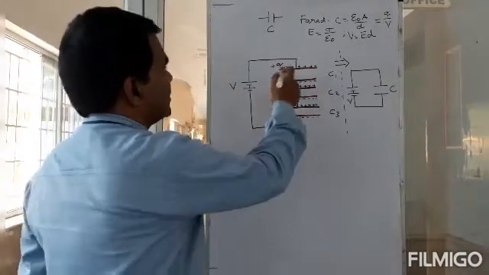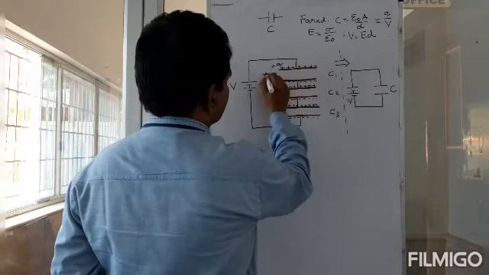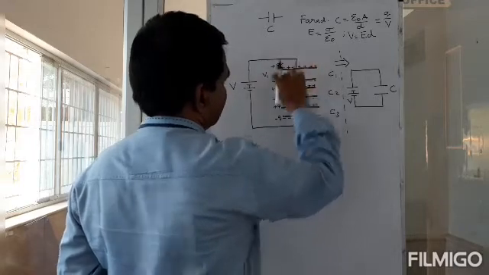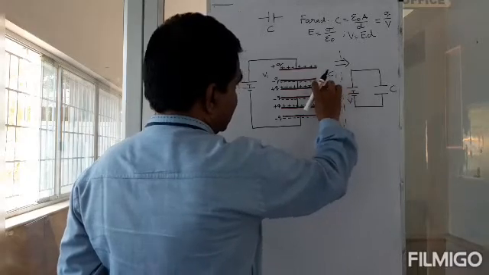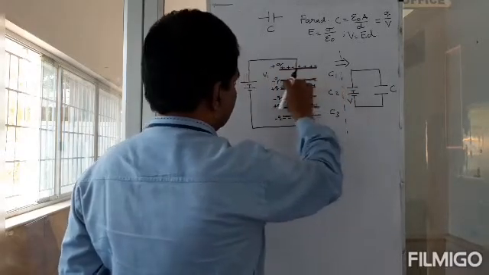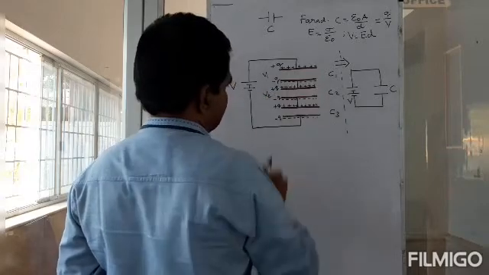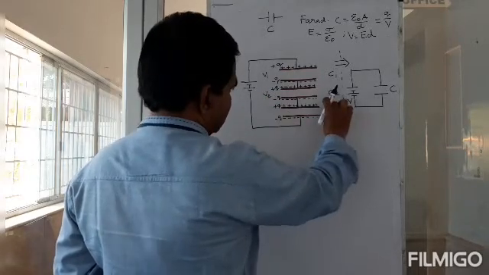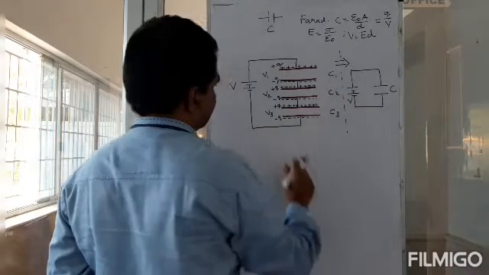Okay, so this plus Q and this C1 will give rise to V1 here, right? Potential across this one. And the same plus Q and this C2 will give you potential V2 across this capacitor. And plus Q and then C3 combination will give you V3 here.